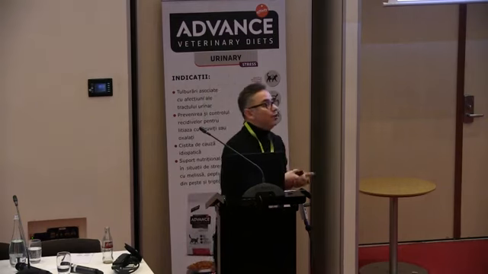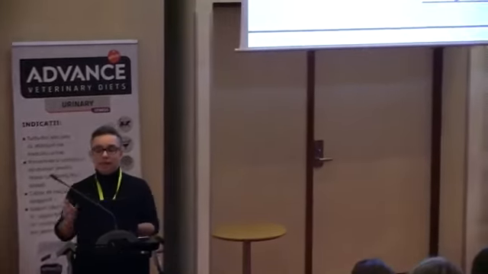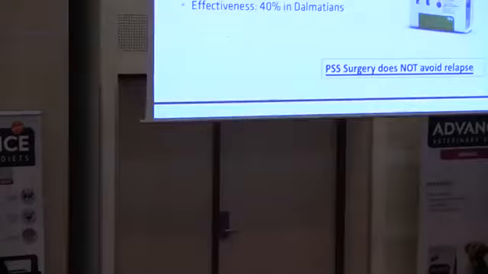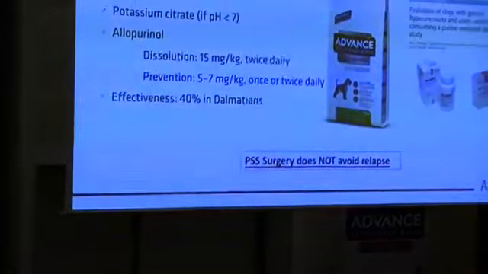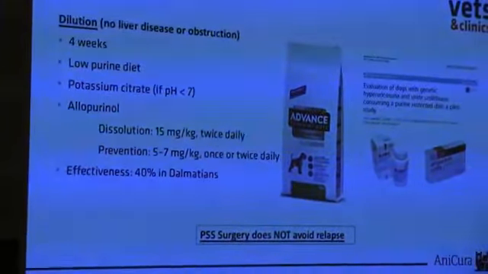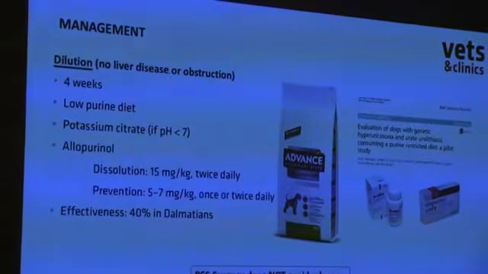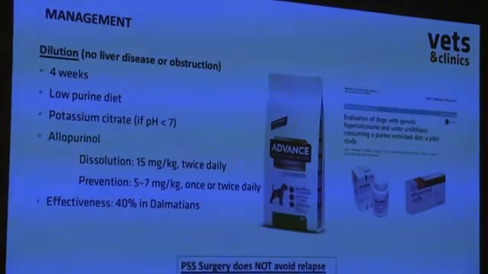Sometimes you have to do an X-ray with double contrast, but right now with the ultrasound machine that we have, it's not necessary to do that double contrast. You can try dissolution only if the patient has no obstruction or liver disease, and the dissolution takes 4 weeks. We have these diets, slow pouring diet in advance.